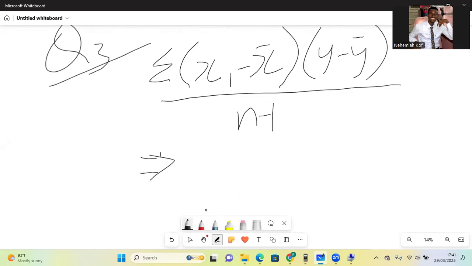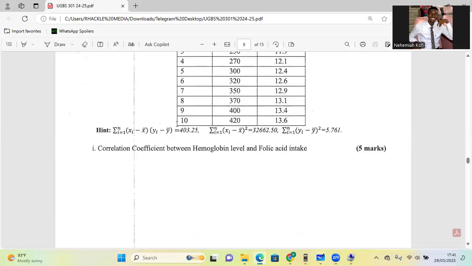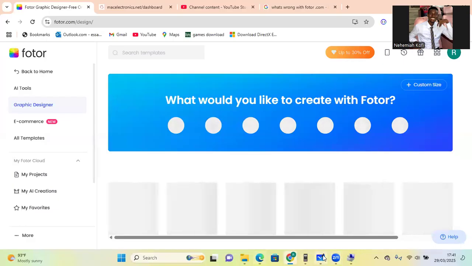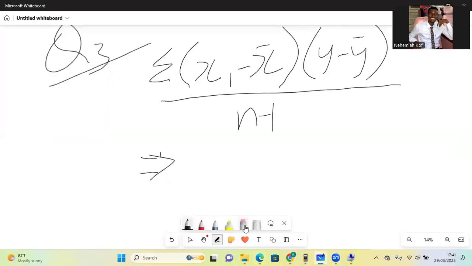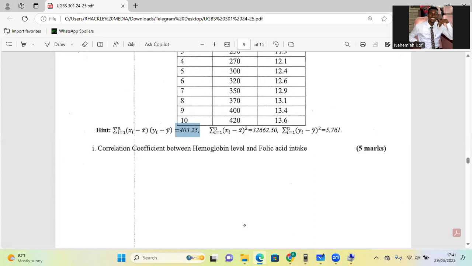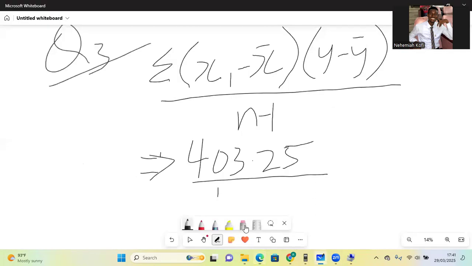So here in the question, this hint gave us an answer of 403.25. So we are going to do the same thing here. 403.25, then we are going to divide it by n minus 1. The sample size they took here is 10, so 10 minus 1 is going to give you 9.